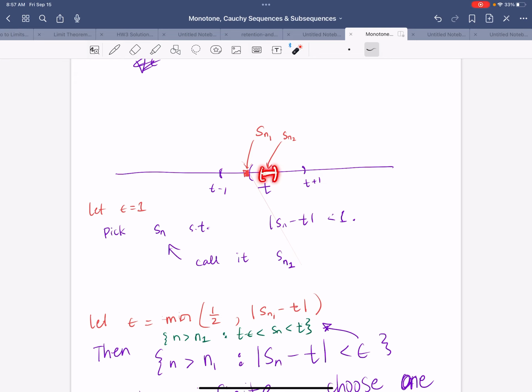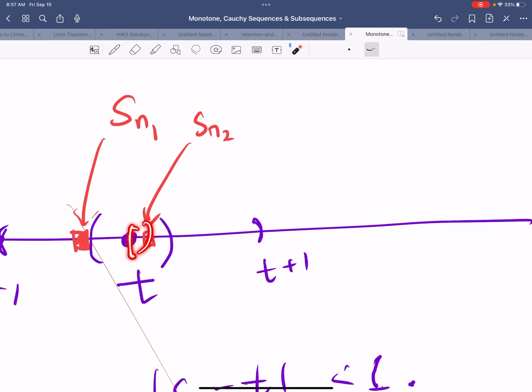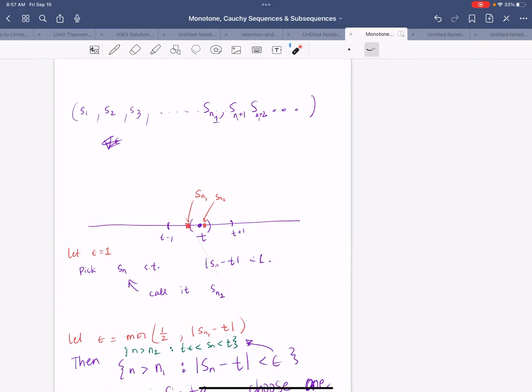Because if this side has infinitely many, now when I go to restrict, I'll still have infinitely many in here because I'm always dealing with that. The interval has to be centered at t. So I can't have it where this has infinitely many and this side has finitely many. I can't have that. So I would have infinitely many every time that I'm restricting my interval.